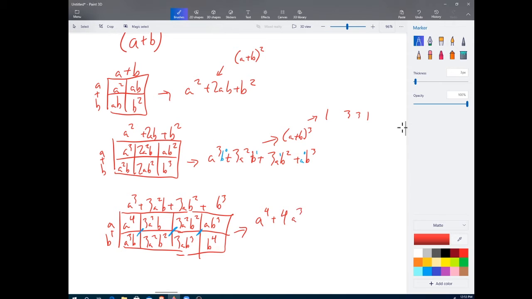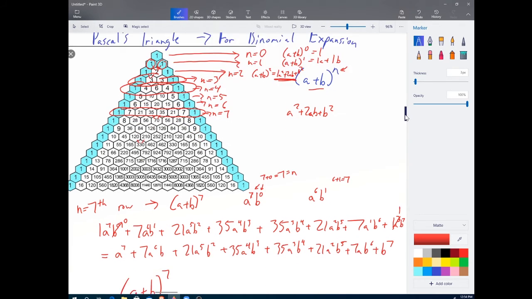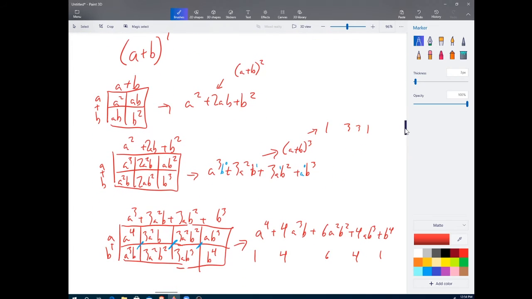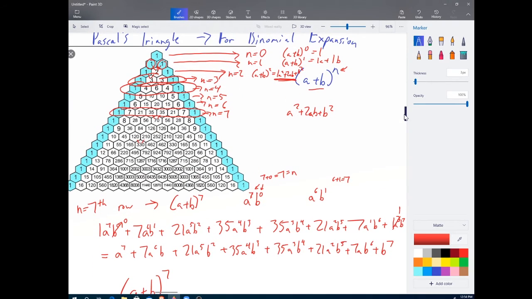So 4a cubed b plus 6a squared b squared plus 4ab cubed plus b to the 4th, which notice your coefficients are 1, 4, 6, 4, 1. And on the next level, you see 1, 4, 6, 4, 1. Anyway, if you really want me to go out to the 7th, ask me, I'll do it for you. But it's getting long, I don't want to. But this pattern can help you figure out pretty quickly in comparison where this needs to go.